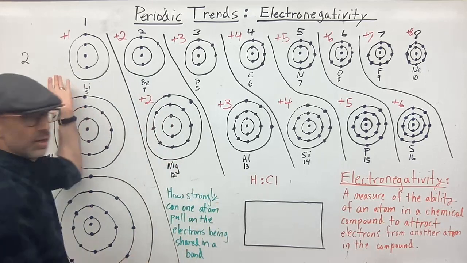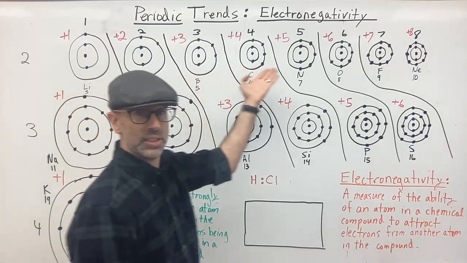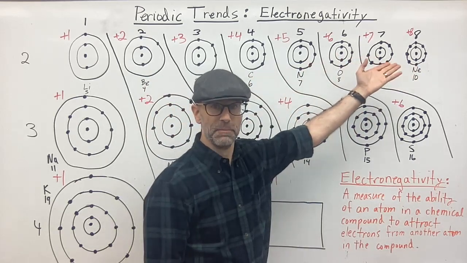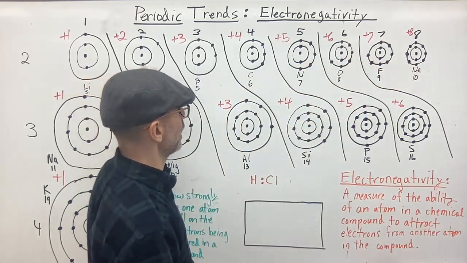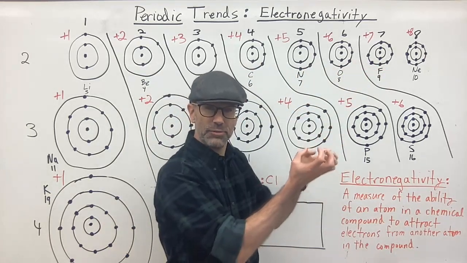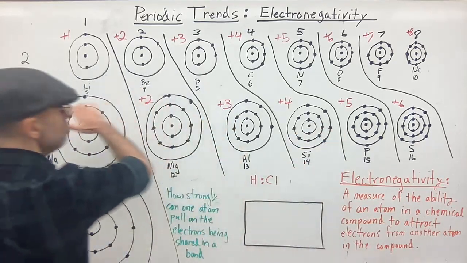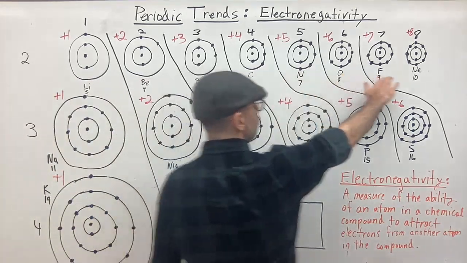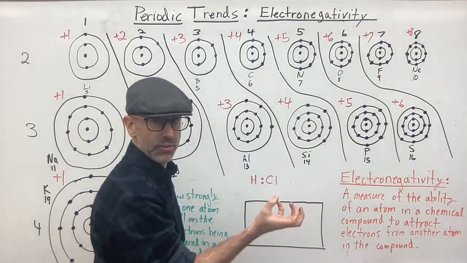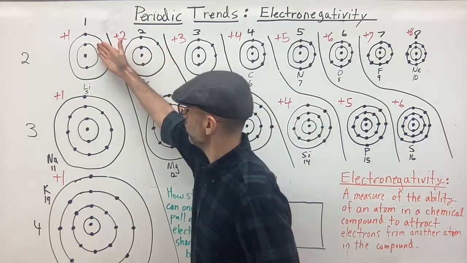Therefore we would expect, and this is the case, that electronegativity increases going across the periodic table from left to right. Again, that follows the increase of the effective nuclear charge, that attractive force, the pulling of the electrons by the nucleus. A stronger effective nuclear force means more pulling of the electrons in a bond, so more electronegative.